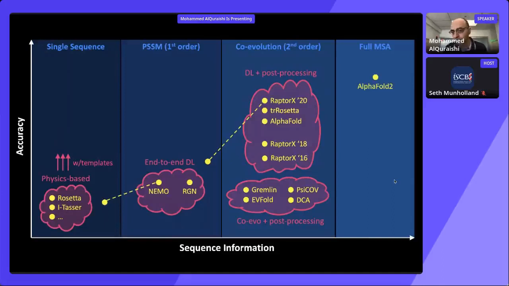Then, of course, AlphaFold2 comes out, and AlphaFold2 does many things. But one of the things it does is that it uses a full multiple sequence alignment as opposed to trying to extract covariation information. It does so implicitly, presumably. The network learns to extract covariation, but as a fundamental object, the thing that AlphaFold2 operates on is the full multiple sequence alignment. And this in part explains its performance gain, but not very much.